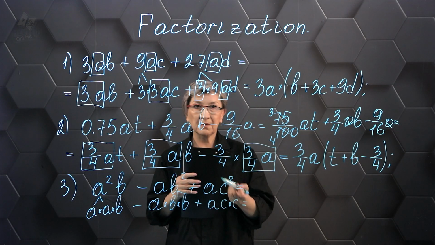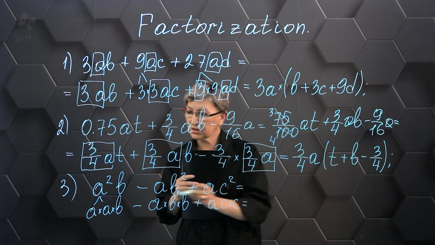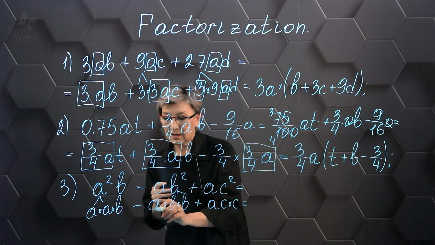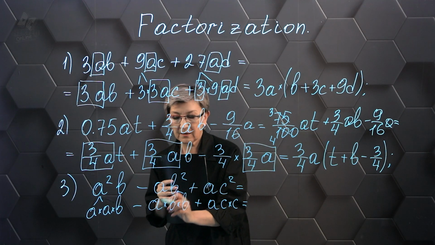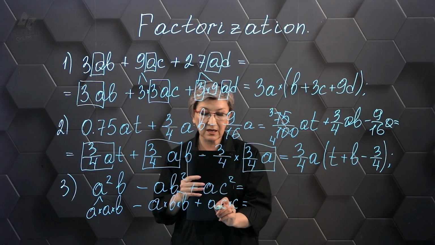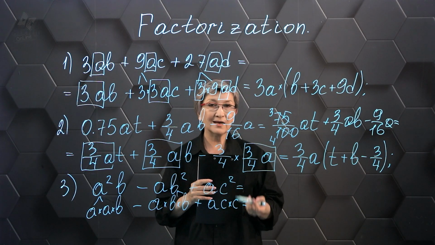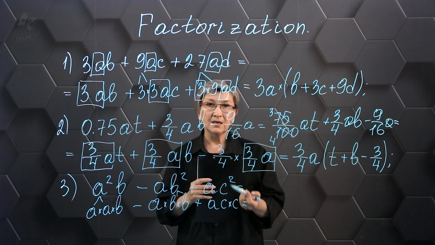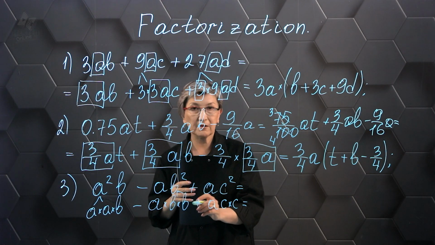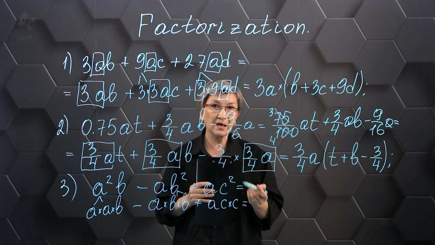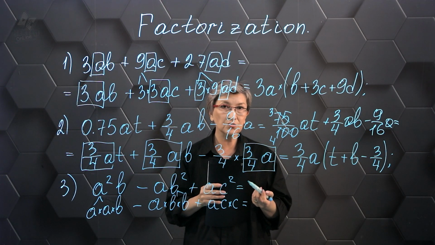Now let's pay attention to the same multiplier. We can see the first summand has a, the second summand has a, and the third summand has a. There are no more identical multipliers. Even though there is b in the first summand and there is b in the second summand, in the third summand this letter part is not present.